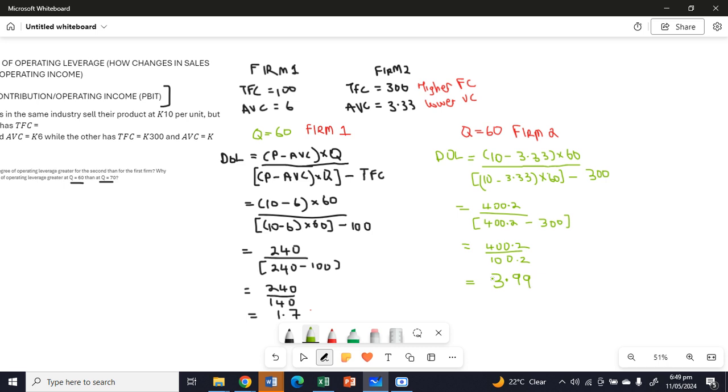And if sales decrease by 1%, the operating income of this company would decrease by 3.99%.